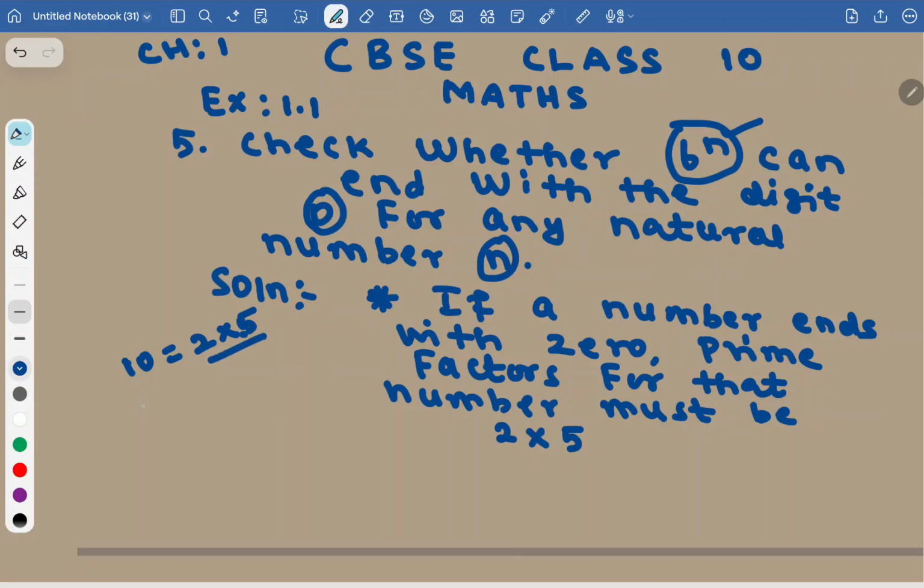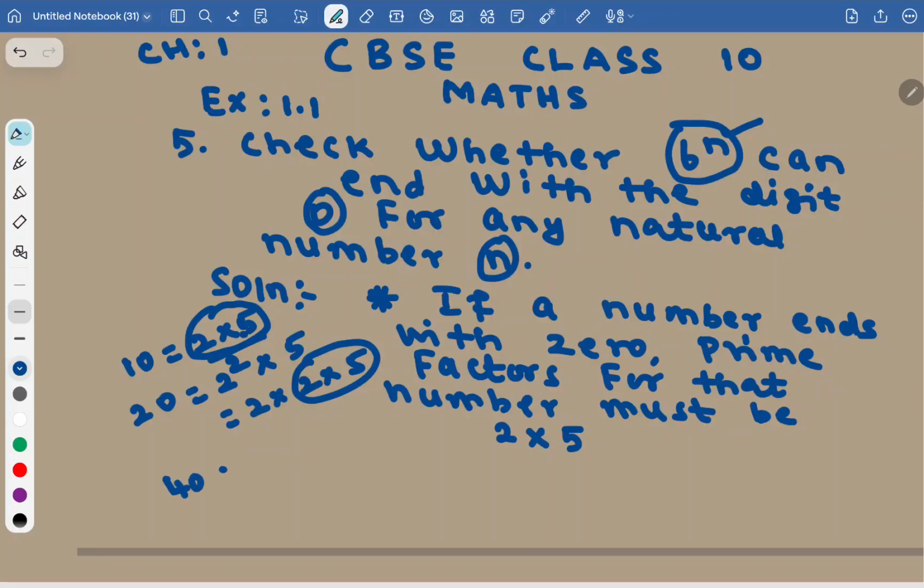Both are prime. For 20, again it ends with 0. Factors: 2 square into 5, that is 2 into 2 into 5. See, here also 2 into 5. Now for 40: 40 means 4 into 10, that is 2 square, 2 into 5, so 2 cube into 5.